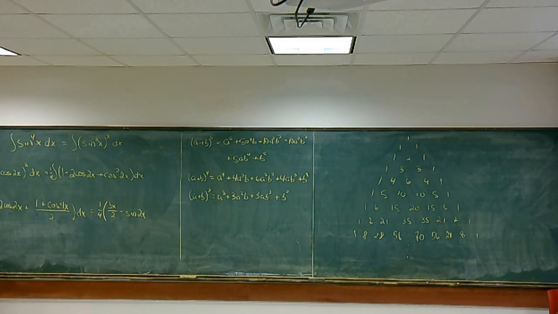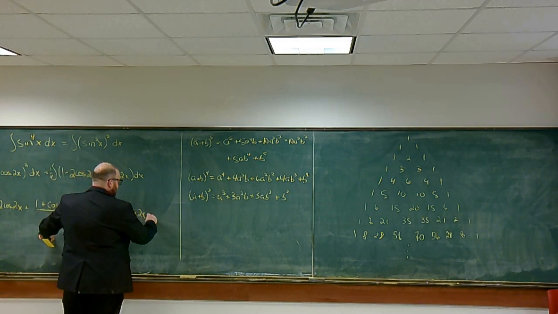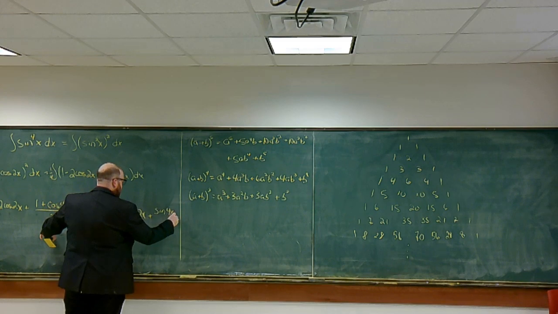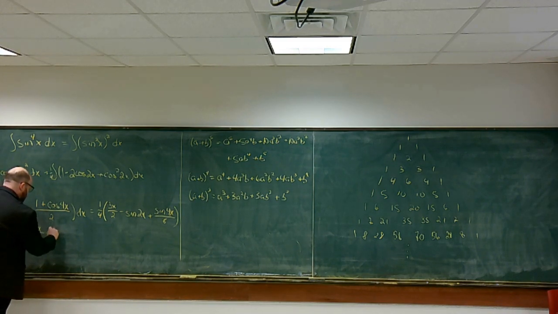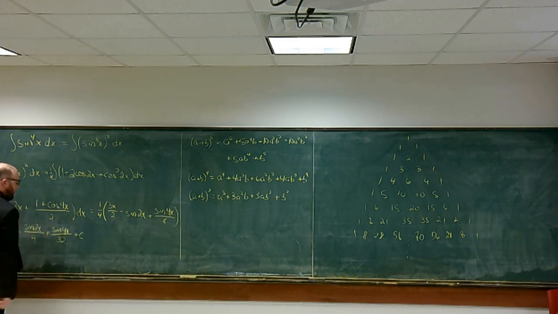You u-sub u equals 4x, then times a half. And we'll just try to have enough room to put plus c there. Distribute that 1/4 through. And there's your antiderivative.